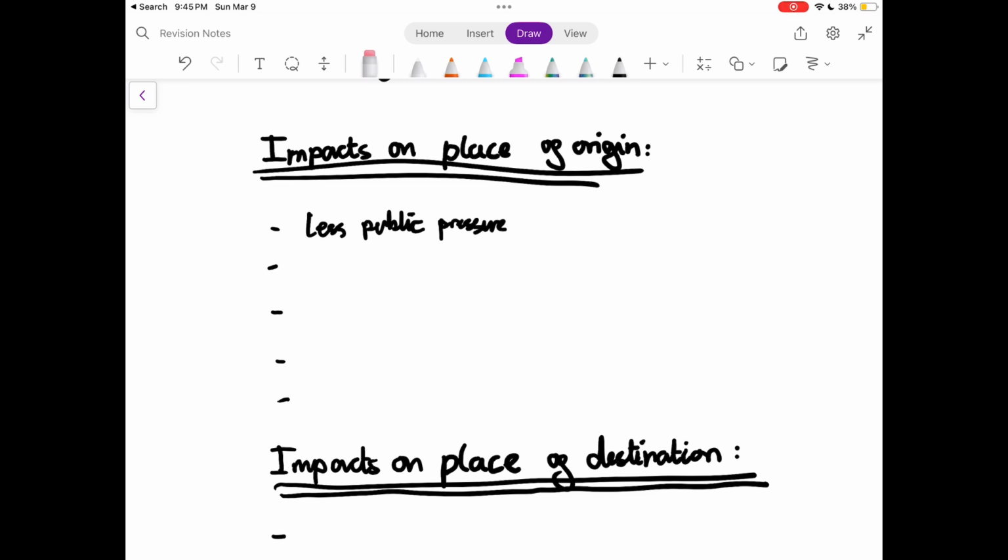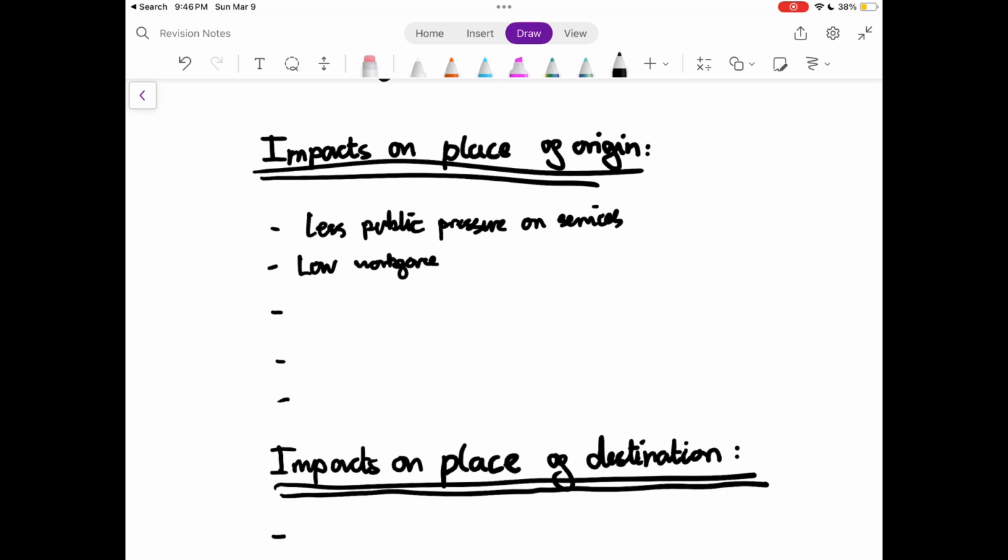So there's more of that to provide for fewer people. The next thing is that there may be a low workforce, and this is a negative impact because it could decrease the economic productivity in the country.